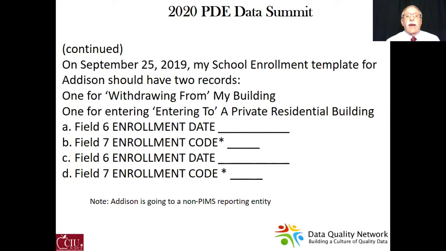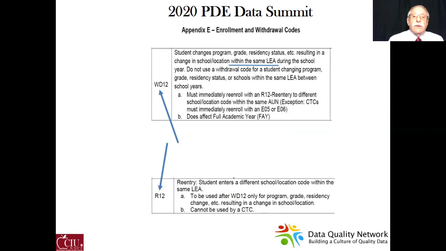So looking at Addison, he should have 2 records, one withdrawing from my building and one entering a private residential building, because he's going to a residential treatment facility that doesn't report to PIMS. So let's take a walk through here.